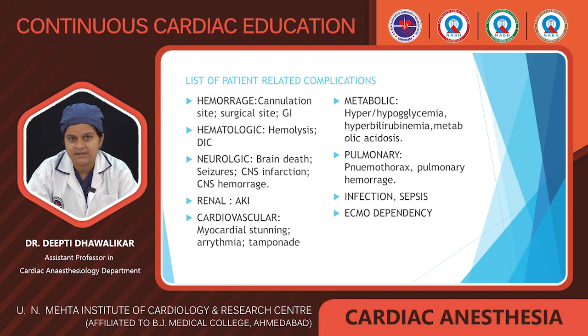Cardiovascular complications which are myocardial stunning, arrhythmias, tamponade. Metabolic complications like hyper or hypoglycemia, hyperbilirubinemia, metabolic acidosis, alkalosis. Pulmonary complications like pneumothorax, pulmonary hemorrhage, infection, sepsis and ECMO dependency. So now we are going to see all these complications one by one.